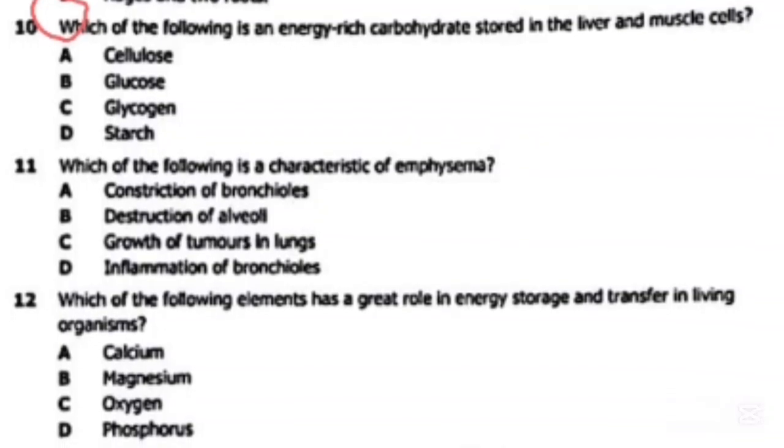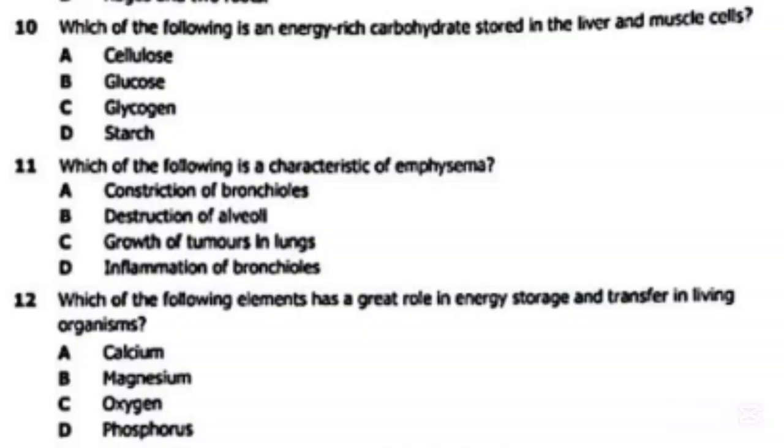Moving on to question 10. Question 10 is saying, which of the following is an energy-rich carbohydrate stored in the liver and muscle cell? We know we have glucose as a carbohydrate. Now here is where you have to understand it.